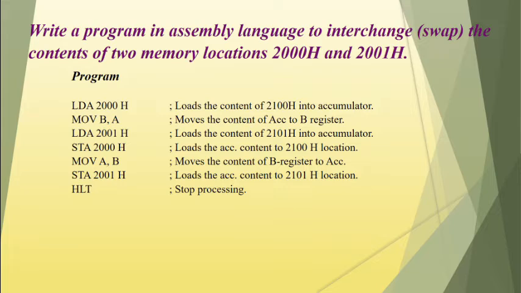So this is how we can swap the contents of the two memory locations, and this is the program where we have used another register. We have taken the help of the third register in order to swap the contents of the memory locations. So let us proceed to the next program.